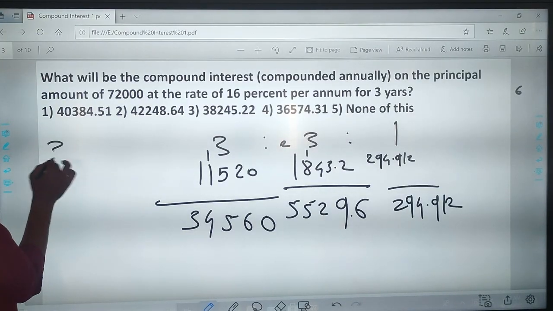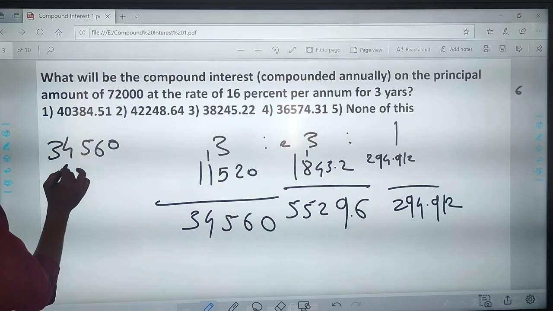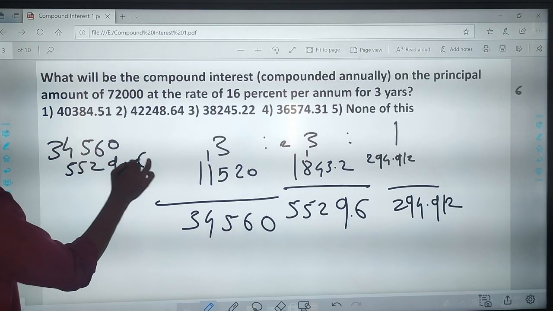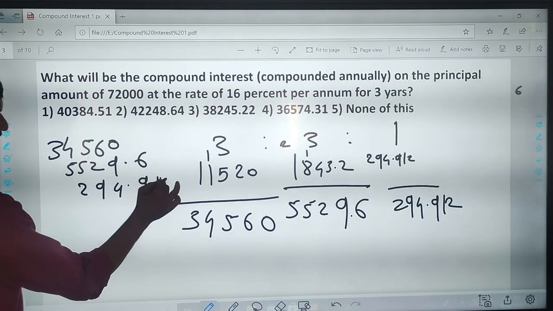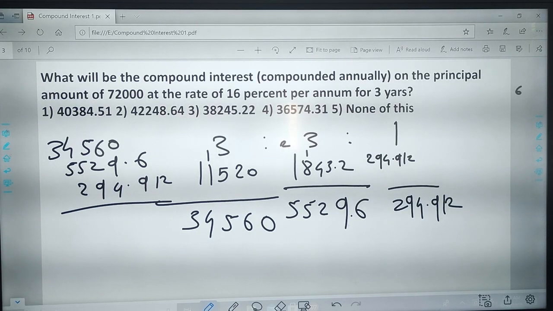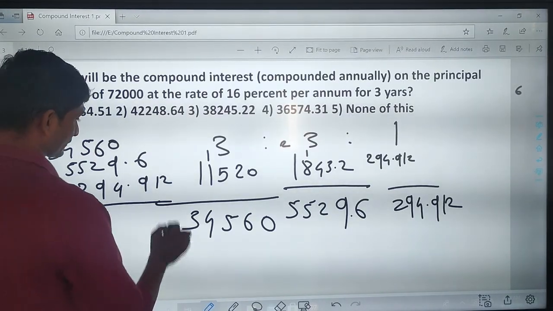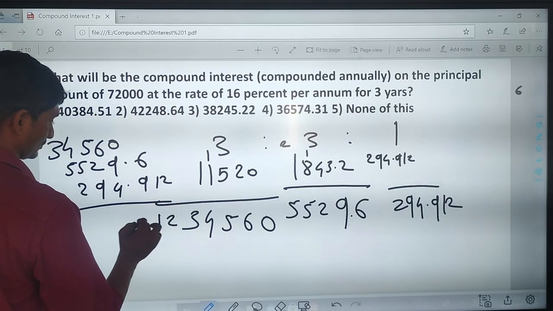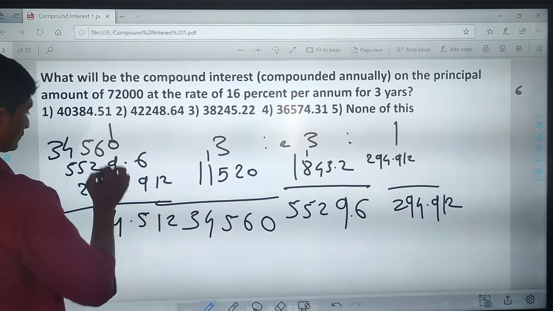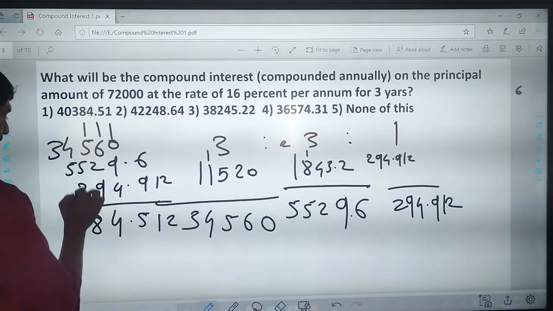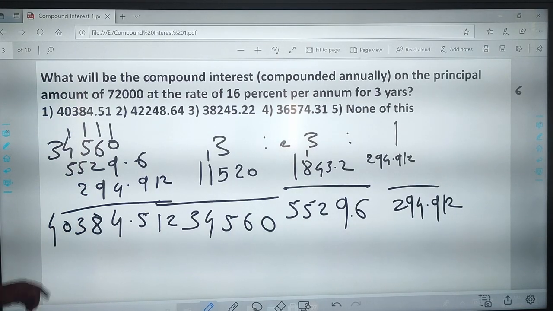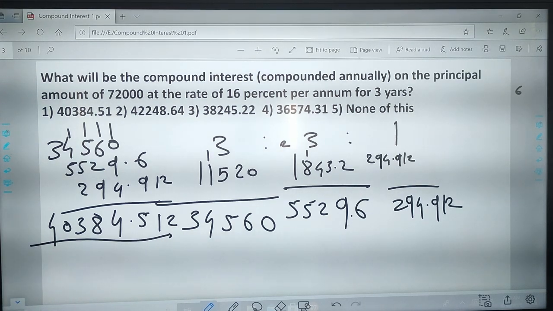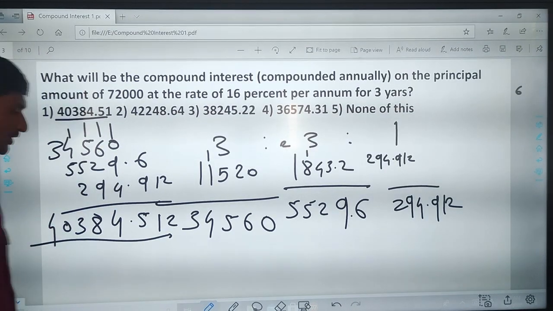We get the compound interest. Now your answer is 40,384.51. This is your answer.